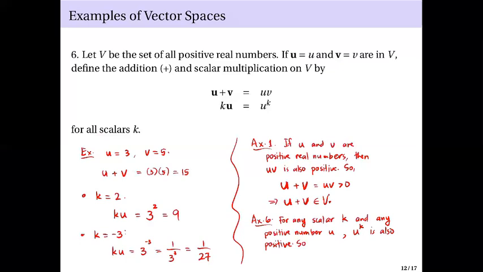So you have the scalar K, and then again, let me use boldface U to represent the positive number U. This is just inside the set V. So axioms 1 and 6 are satisfied.